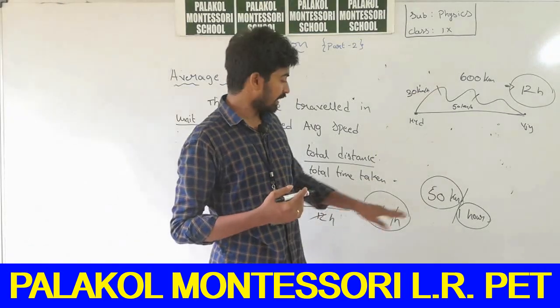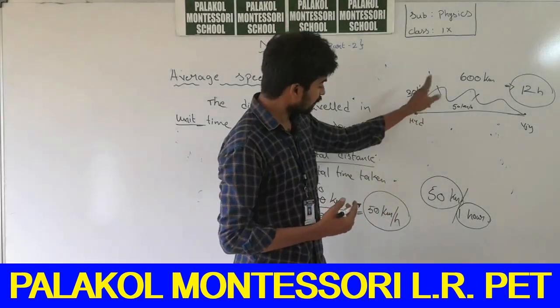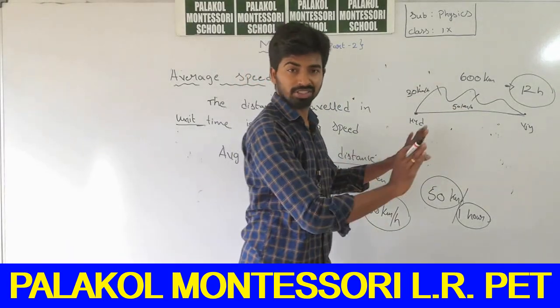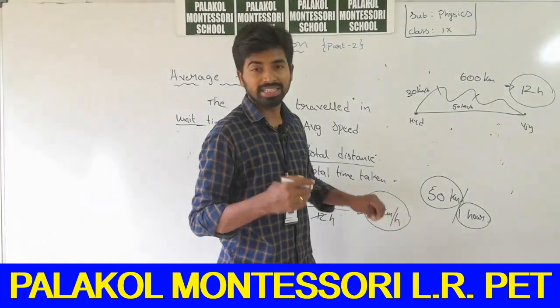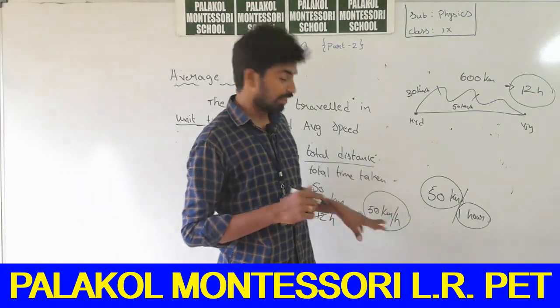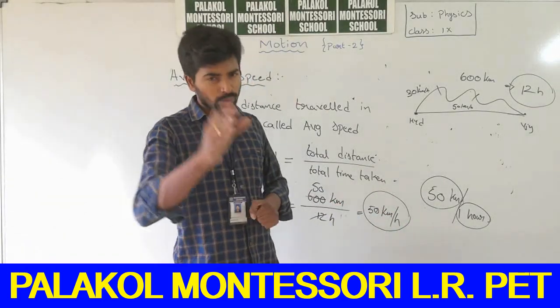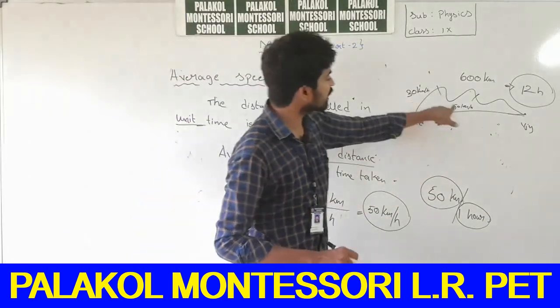It doesn't mean that throughout the travelling of the distance, your speed is 50 kilometers per hour. If your average speed is 50 kilometers per hour, it doesn't mean that you are travelling with the same 50 kilometers per hour. You are having different speeds.